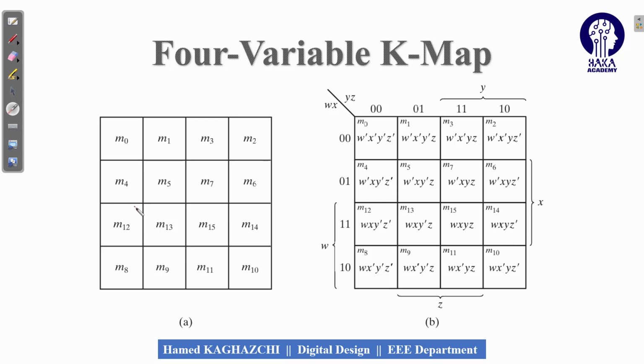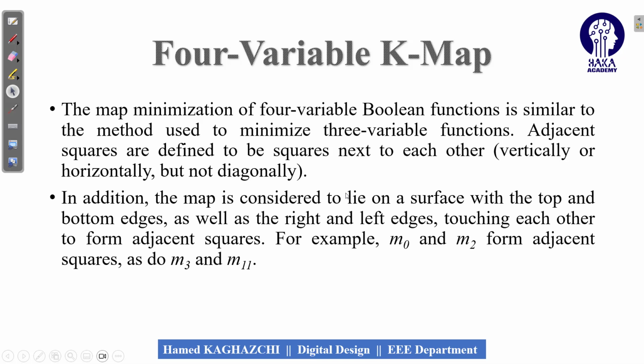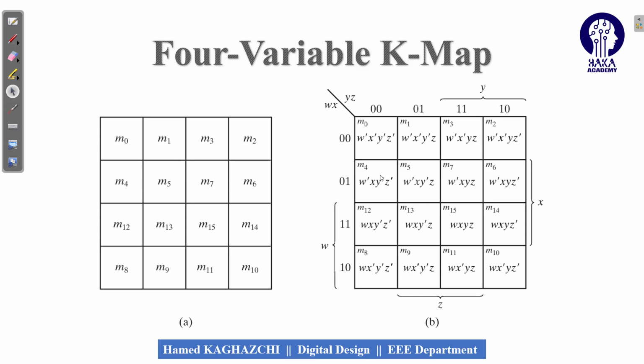After drawing this Karnaugh map, again by writing the corresponding minterms as 1 and making the groups, we can find the corresponding simplest function. Similarly to the 3-variable K-map, M0, M1, M3, M2 are neighbors with M8, M9, M11, and M10.